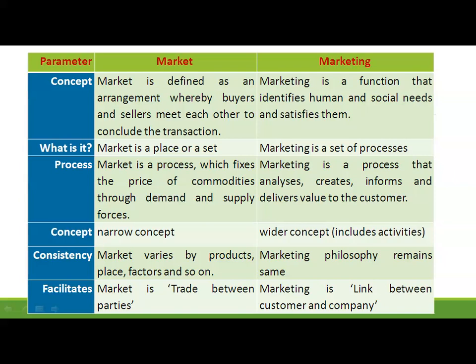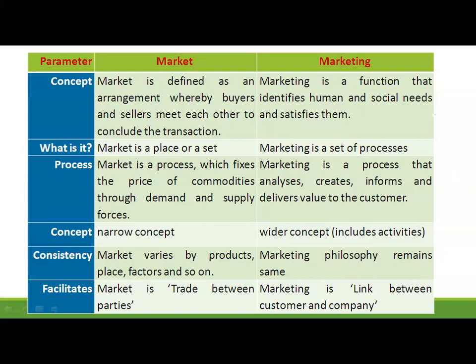Now, what is the market? Market can be a place or it can be a set. If it is in the form of a digital market, then it is a set. And marketing is nothing but a set of processes with various activities.